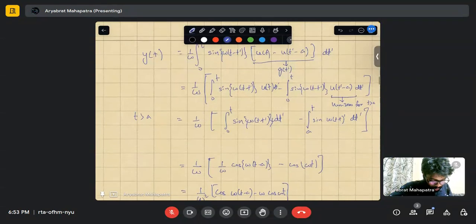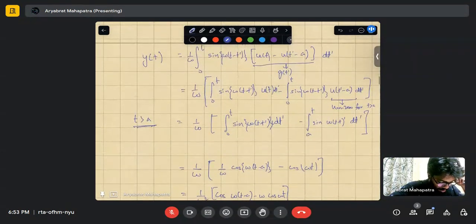When your t is greater than a, you will see that in the first term, this u of t is basically 1 whenever t is greater than 0, so this is non-zero for t greater than 0.